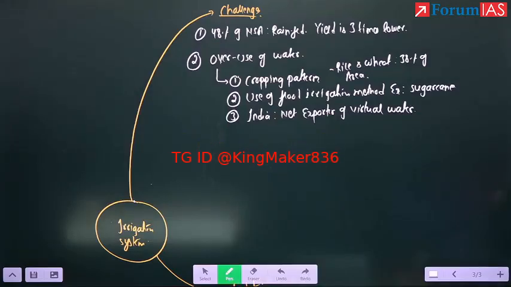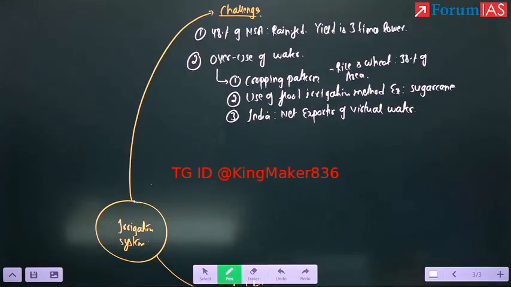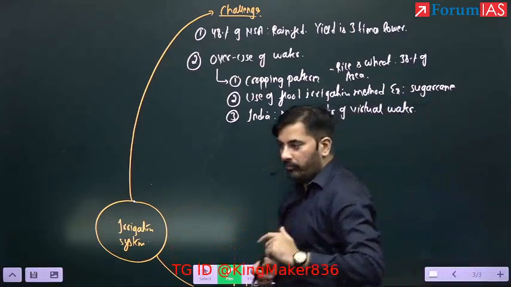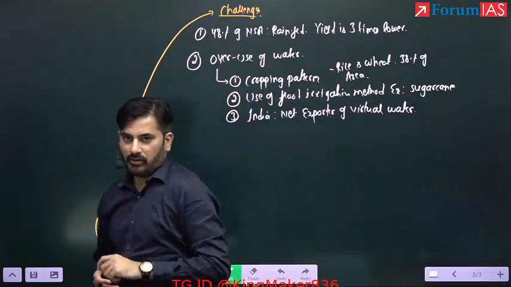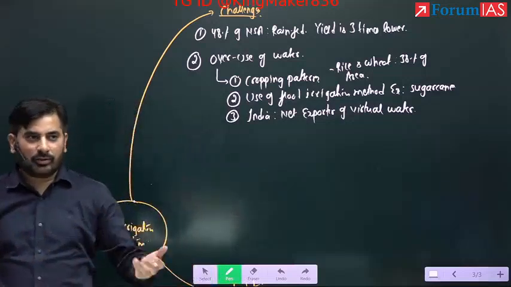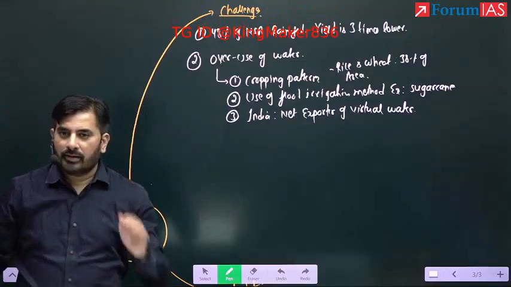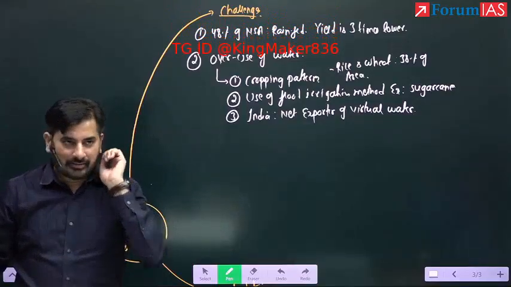If you look at India, India is an importer of goods, but India is an exporter of water. But China is an exporter of goods and it is an importer of water. But the question is, how is India exporting water in the first place? Through export of? Yes.